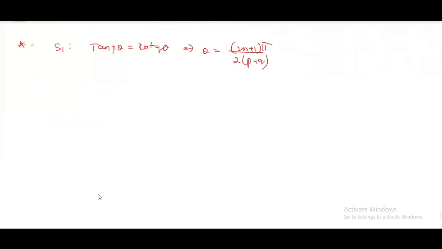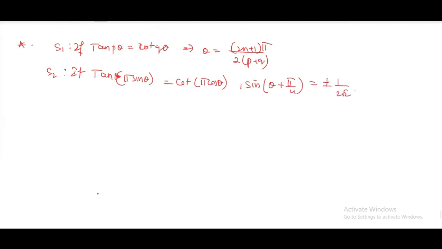This is statement 1. Statement 2, if tan(pi sin theta) is equal to cot(pi cos theta), then sin(theta plus pi by 4) is equal to plus or minus 1 by 2 root 2. So this is statement 1, statement 2.